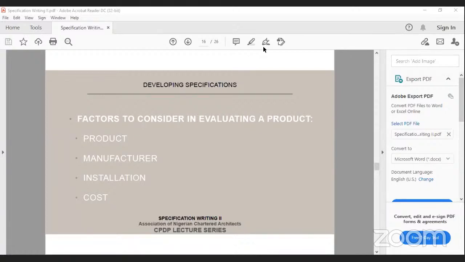Also, you must consider maintenance and operational cost. The initial cost should not be the only factor when you are selecting a product. There are some products that have high maintenance value, and some that you maintain once a year. There's no product that doesn't ever need maintenance. That's a lie. So when a manufacturer tells you that once you install a particular product, that's the end, you want to run away from those manufacturers.